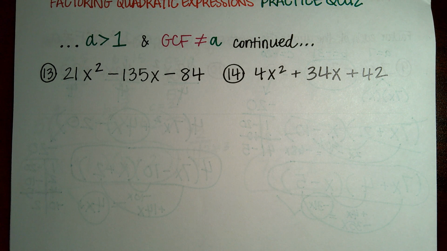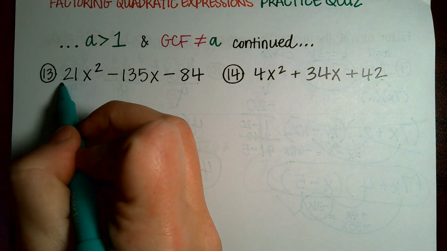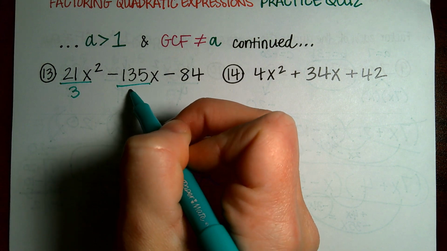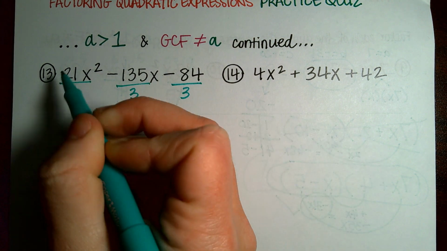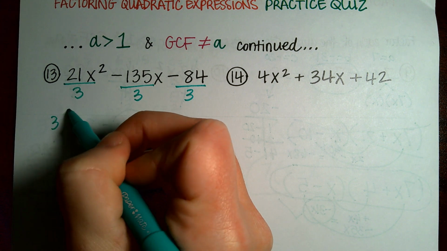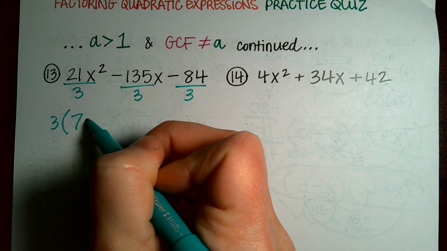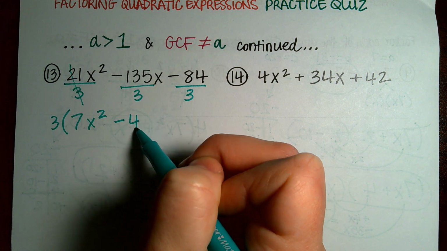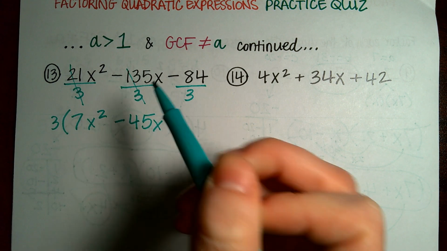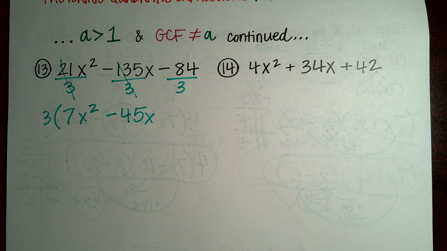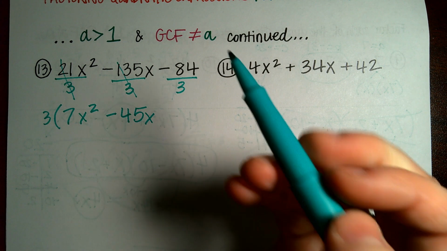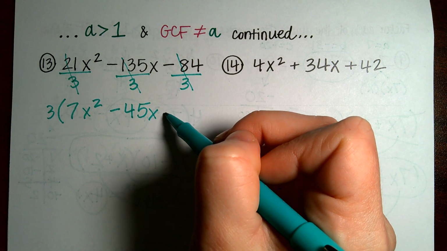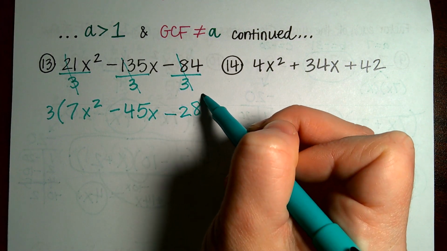21 divided by 3 is 7. 135. Okay. I'm going to write out my work. I'm going to try dividing everything by 3. So that'll give me 7x squared minus 45x, minus 28.